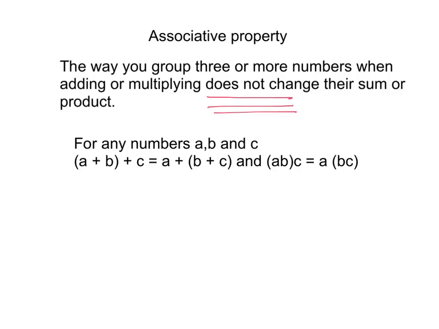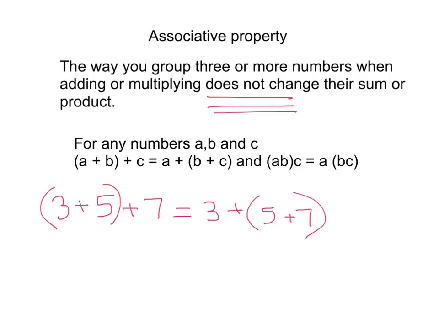So in number form, if we have 3 plus 5 plus 7, if we group the 3 and 5 together, that's going to still equal the same answer as if we group the 5 and the 7 together.